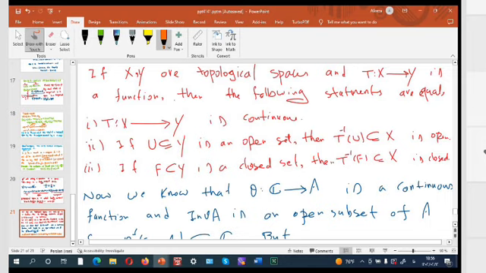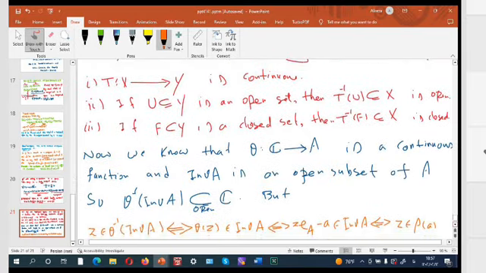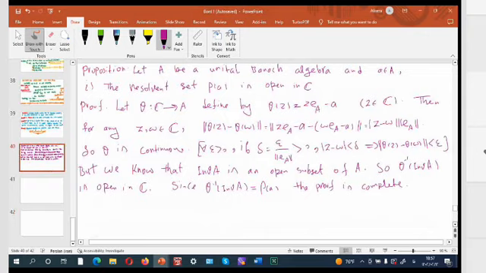We see this, and we know that the set of invertible elements of A is an open subset of A. So the inverse image of this open set under this continuous function must be open. But this inverse image equals the resolvent set of a, because if z belongs to this inverse image, then theta of z must belong to the set of invertible elements, by the definition of theta, because we define theta by this rule, okay? z e minus a.